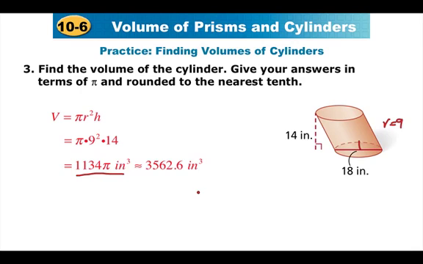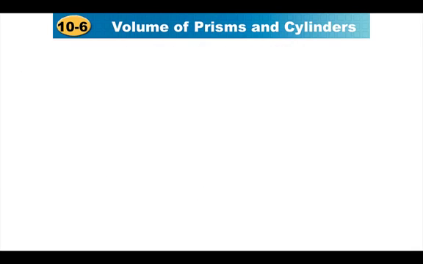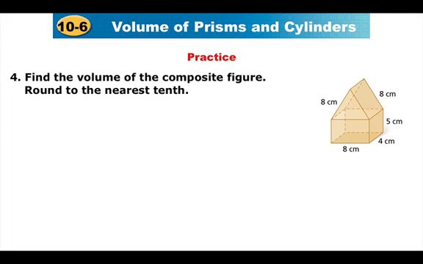Let's move on to number 4. It says find the volume of the composite figure, round to the nearest tenth. Now, this is a composite figure, so the way that you're going to be looking at this is a little bit different. First, let's find the area of the base. The area of the base is not going to be what you see down here.